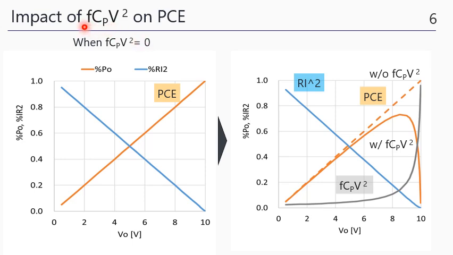Okay, let's review the FCV square on PCE. When the FCV square is negligibly small, and we only have the intrinsic power loss like this, then PCE has a straight line between the origin and 1 at VO max like this.